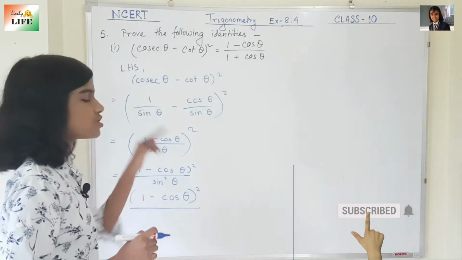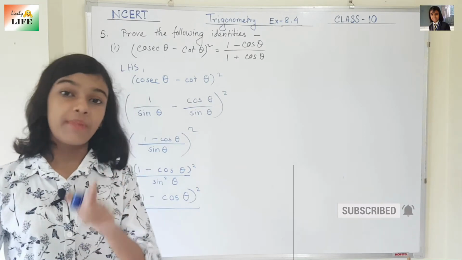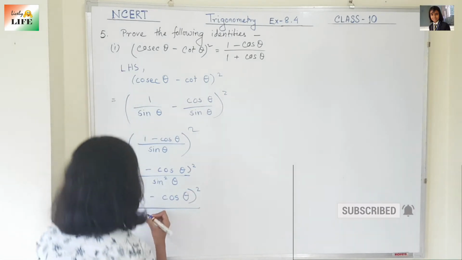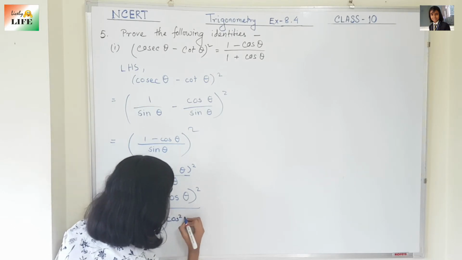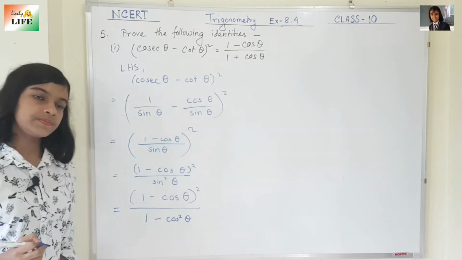So instead of sin square theta, we can write 1 minus cos square theta.